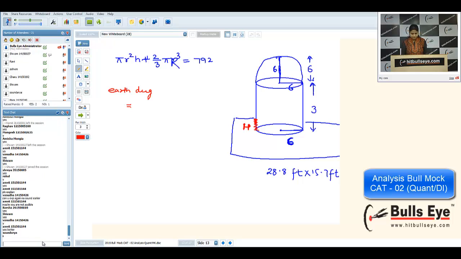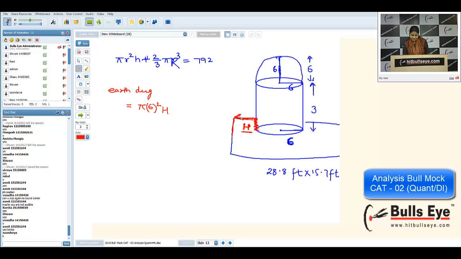Okay. See, suppose this hole is dug up to h height. So what will be the volume of earth dug? It will be in form of cylinder only. It will be pi r square h.